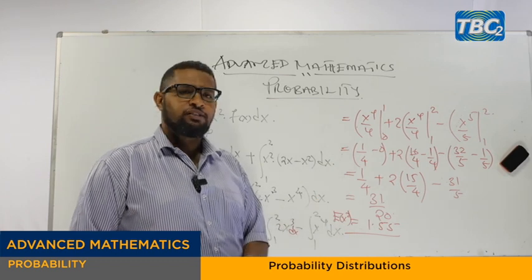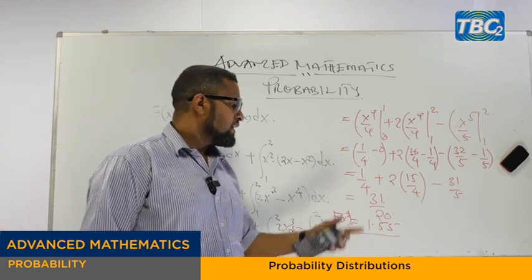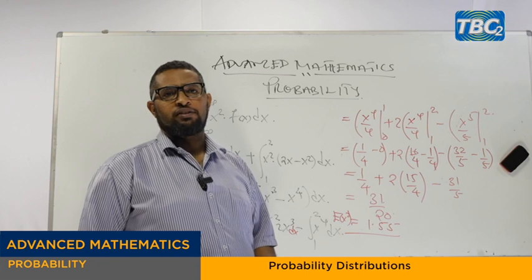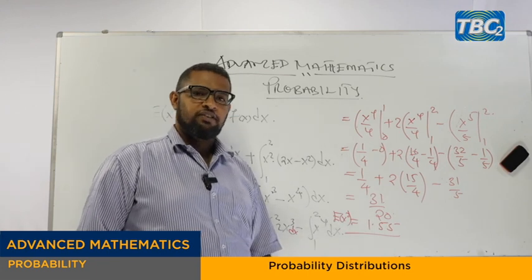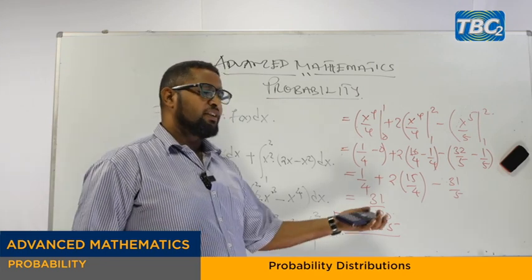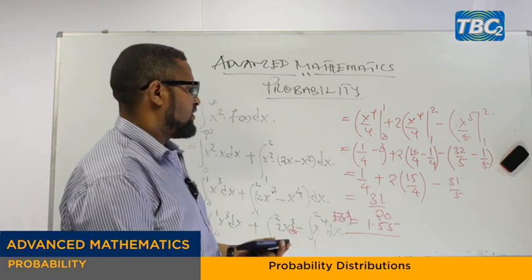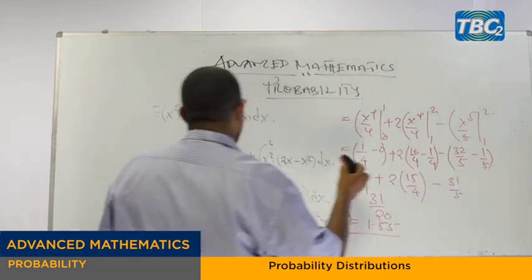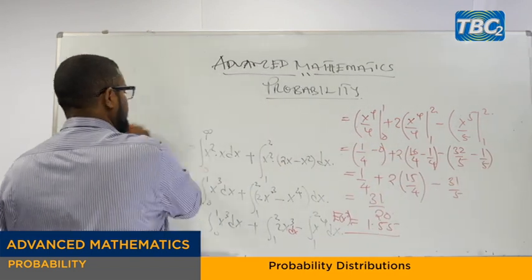But also you may be asked the question, find the variance of variable x. Not only variance, you may be asked to find also standard deviation. How do you find the variance and standard deviation? My dear student, it's very easy. Just recall the formula for finding variance.